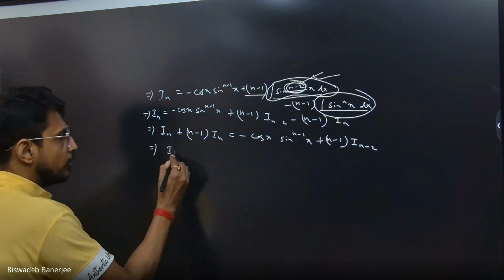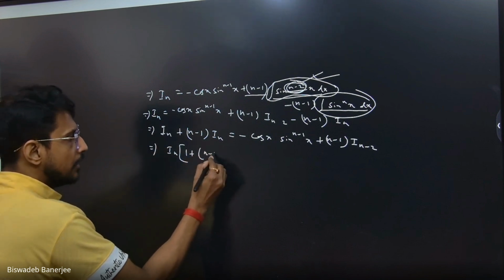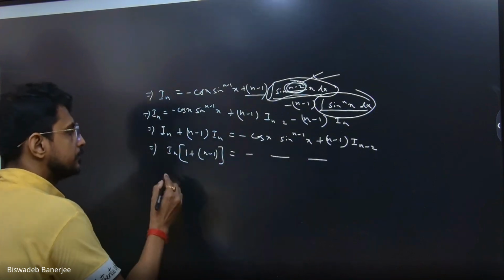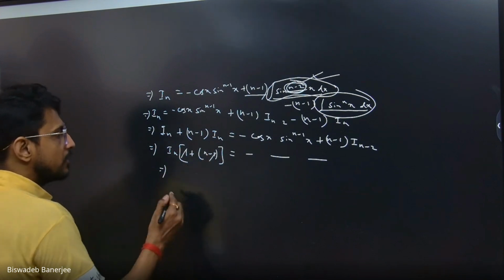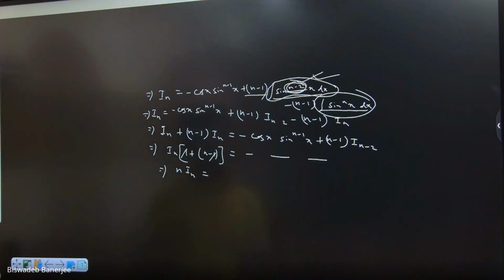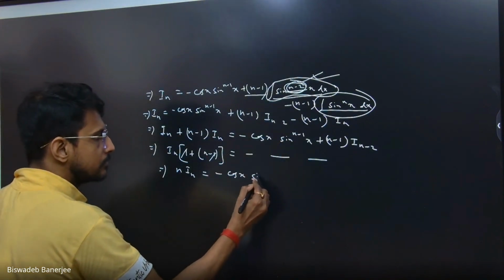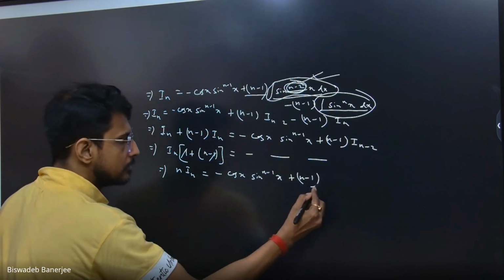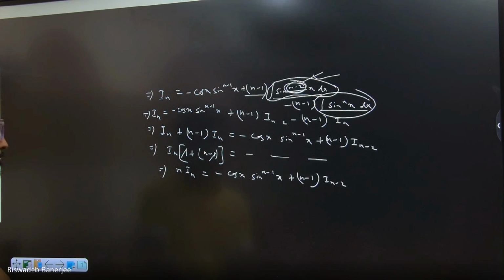Now take IN common. If we take IN common, here it is 1, and here it is n minus 1. Finally, you can see that 1 gets cancelled, giving N into IN. My right hand side is as it is.